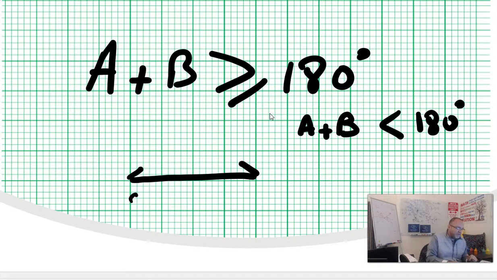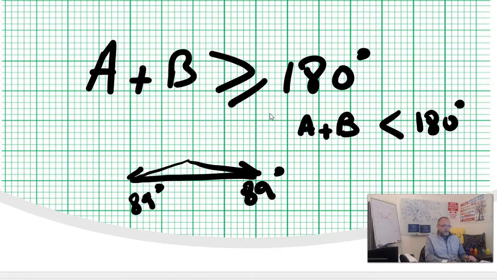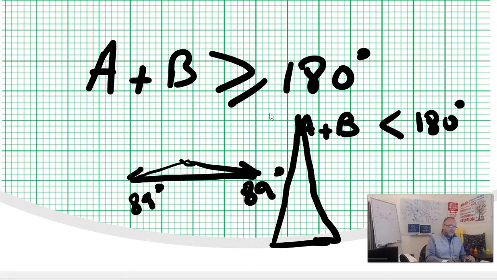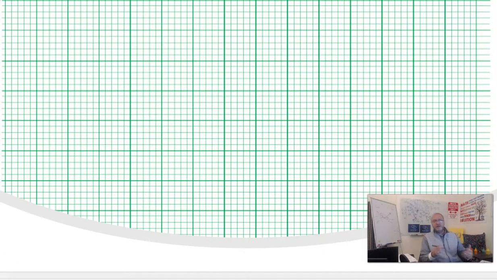So if this is 89 degrees here and this is 89 degrees, that makes it 178, and this leaves 2 degrees here. I apologize. So the 2 degrees will be here, and you'll have 89 and 89. The total will be 180 in this situation. If it's more than 180 degrees, first of all, you don't even have a triangle.